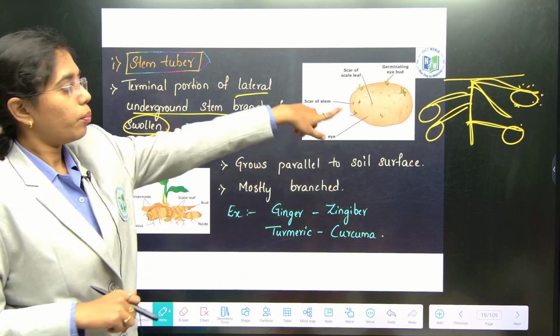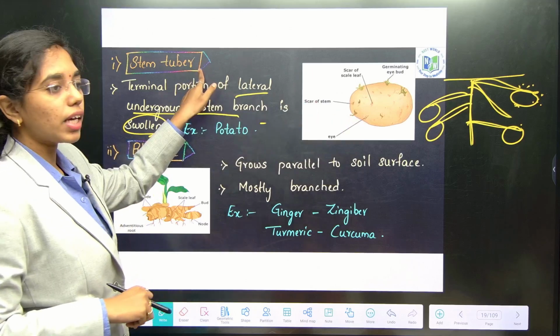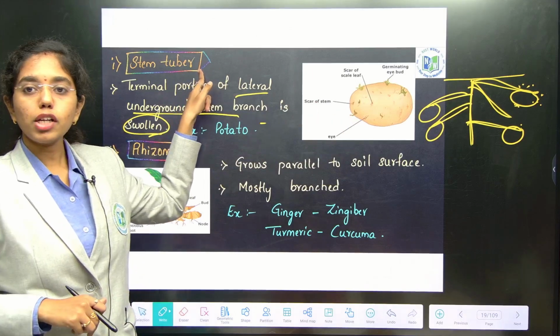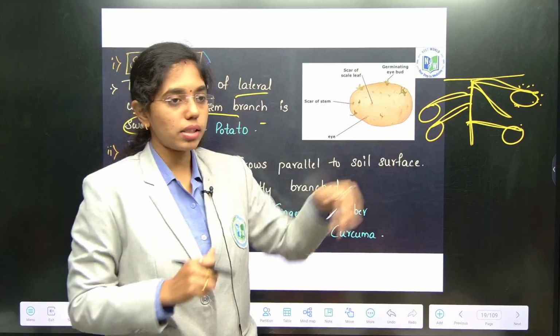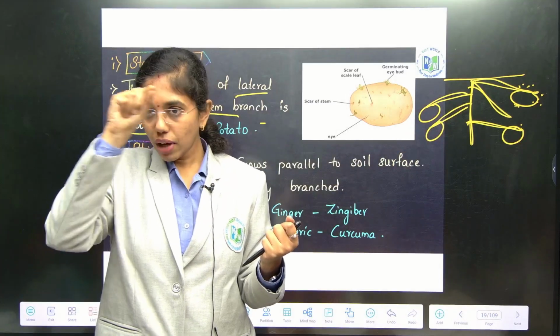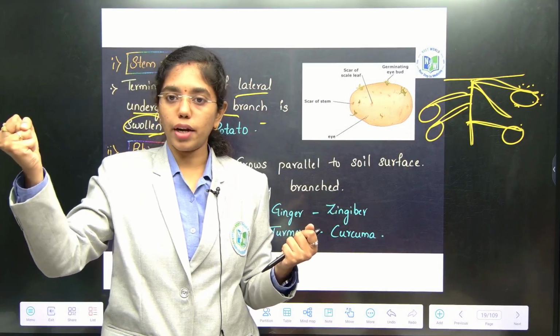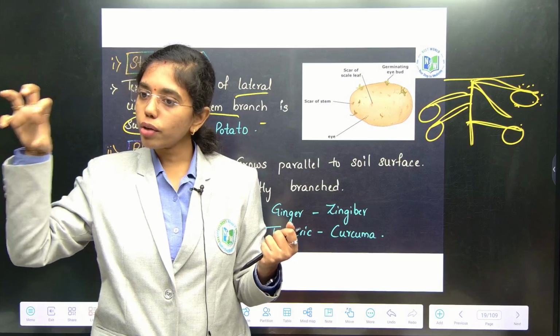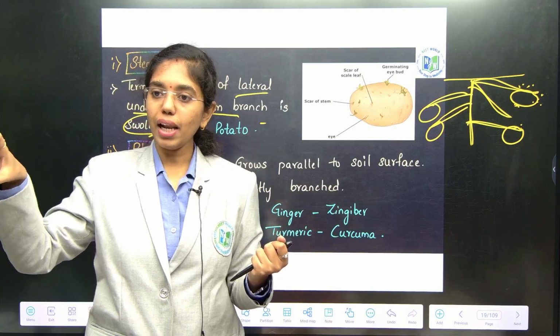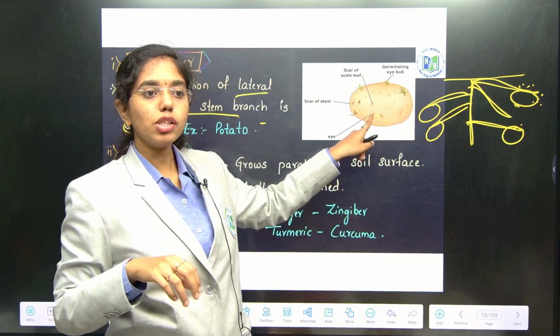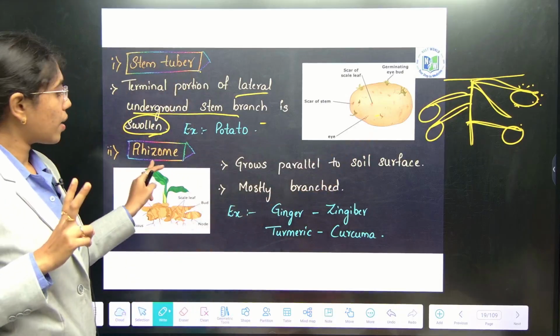That is potato, which is what type of modification? Stem tuber. Remember this image: the terminal portion of the lateral branch is getting swollen or tuberous, and it is storing food there. That is edible and we eat it. The example is potato.